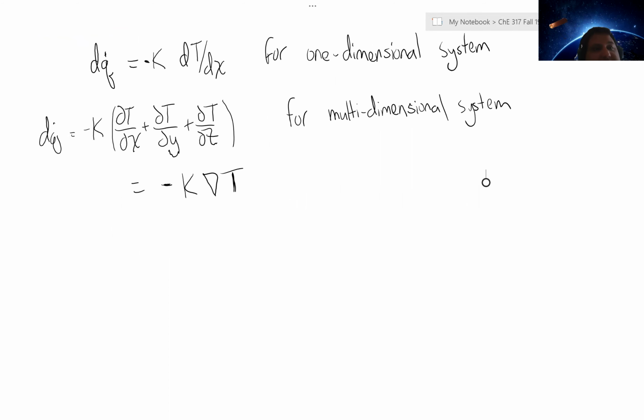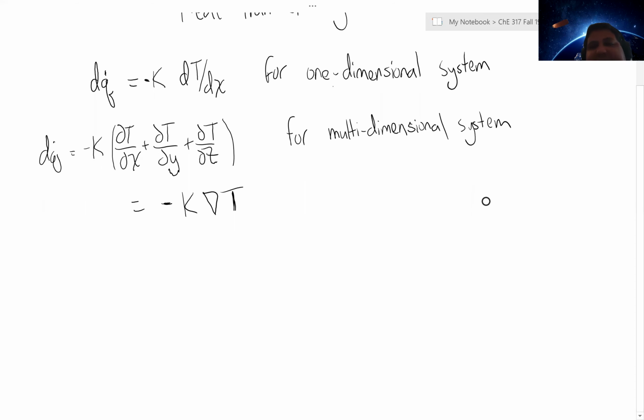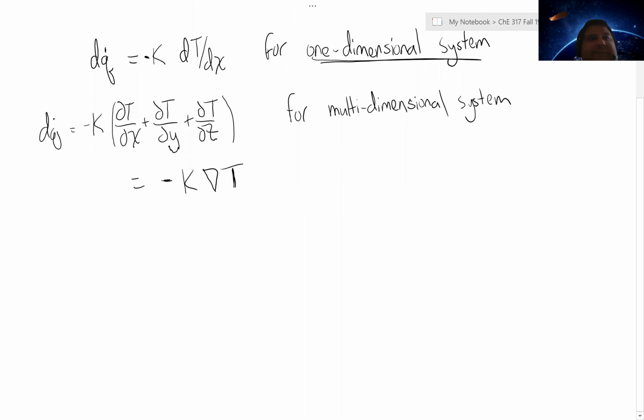A numerical solution is a lot more simple and effective, but it would take a couple weeks to really get into effectively. So for the purpose of this class, I neglect that discussion. If you're interested in learning more about multidimensional systems, come talk to me in office hours and we could have that discussion. But for right now, we're going to stick to just one-dimensional systems.